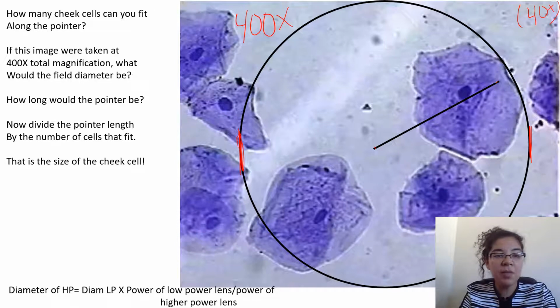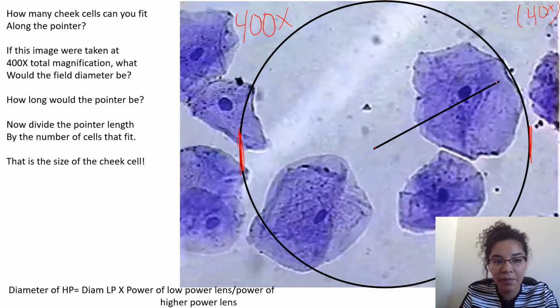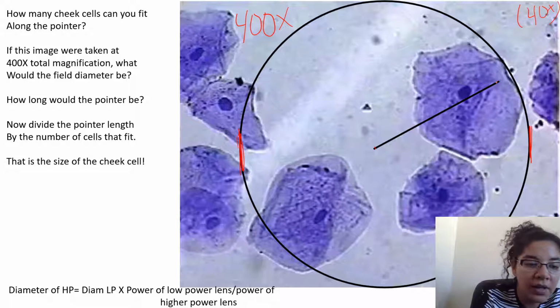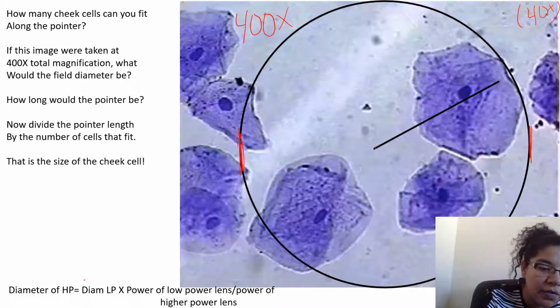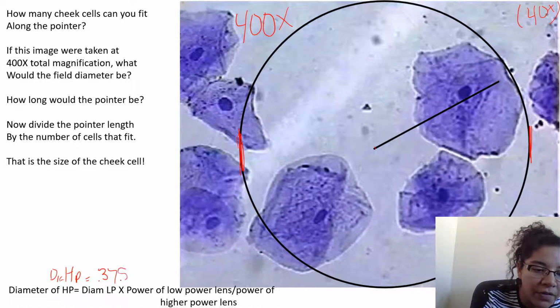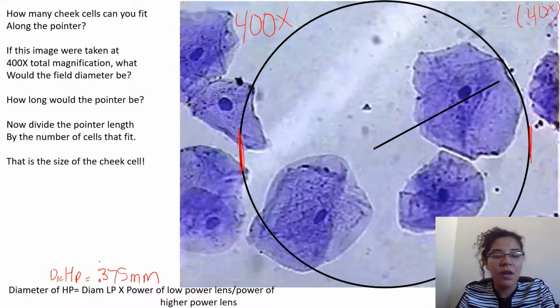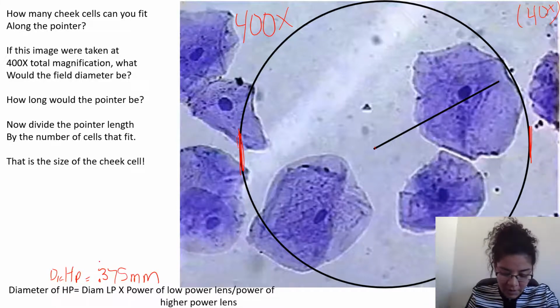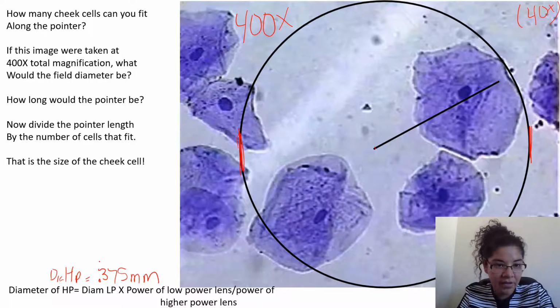If this image was taken at 400x total magnification, what would the field diameter be? We calculated the high power diameter before: 0.375 millimeters. How long would the pointer be? Half of that, so 0.1875.